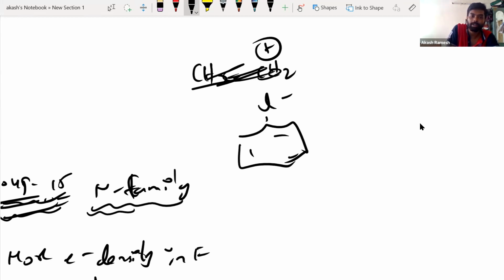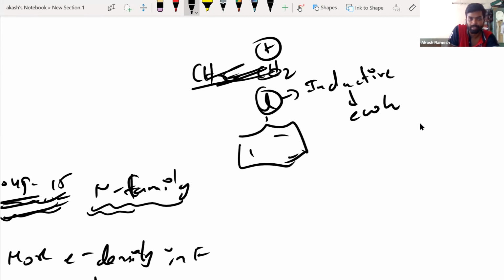Now in chlorobenzene, by the inductive effect, chlorine is an electron withdrawing group because it is highly electronegative, so electrons get pulled from the ring. That is one effect. But for electrophilic substitution to happen, you should have some negative charge in the ring somewhere.